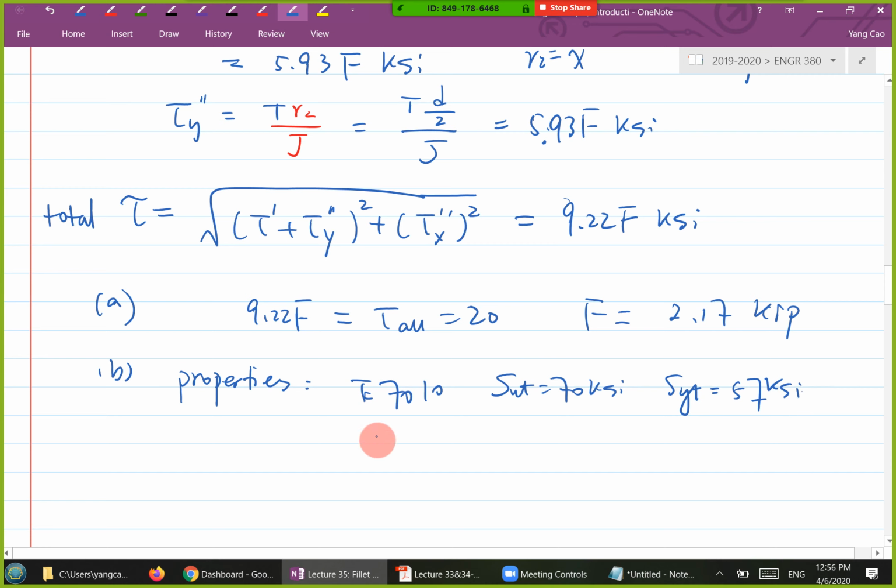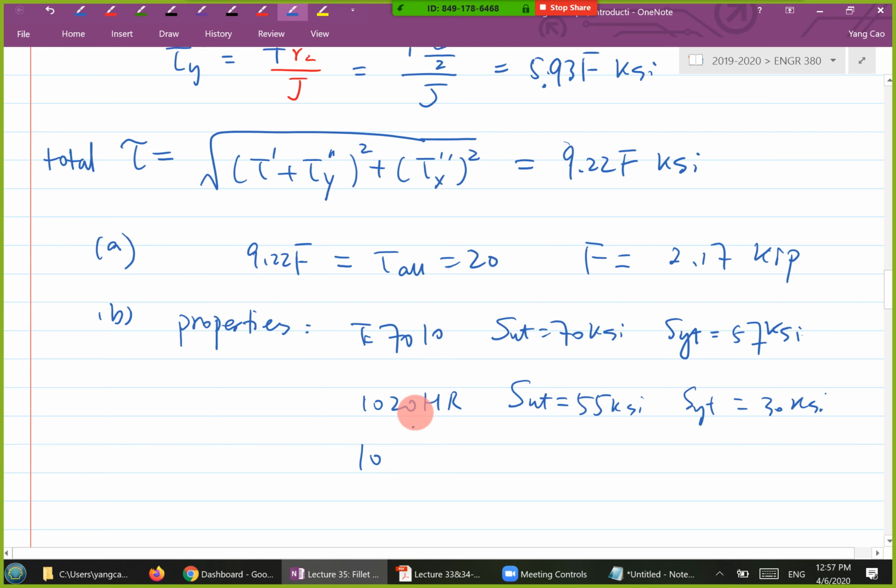That's the electrode. And then the base metal, one of them is 1020 hot rolled. If you look at your appendix, SUT is 55 and SYT is 30 KSI.